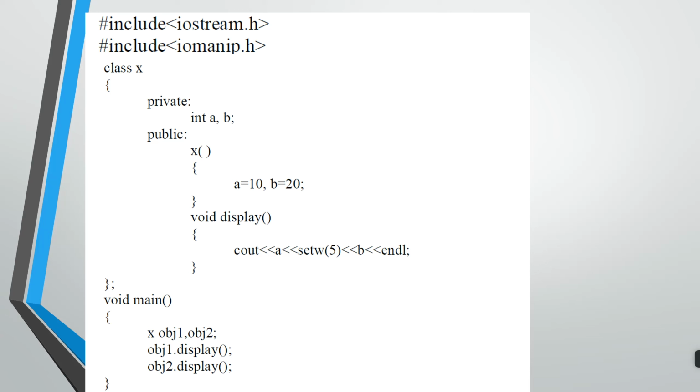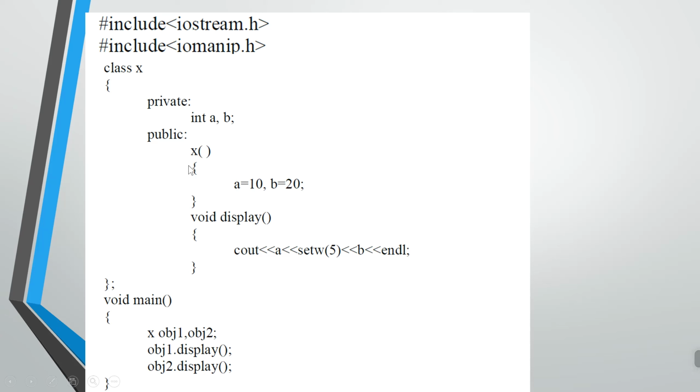Now, I'll take another example where I define a class called X with two variables, let us say A and B, which are of type integer under private, and now under public I have once again a constructor.